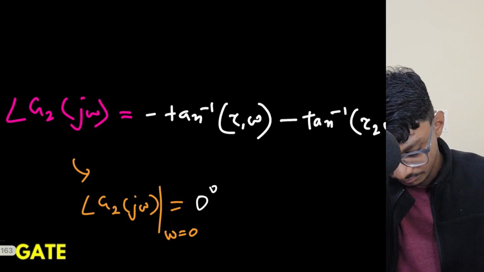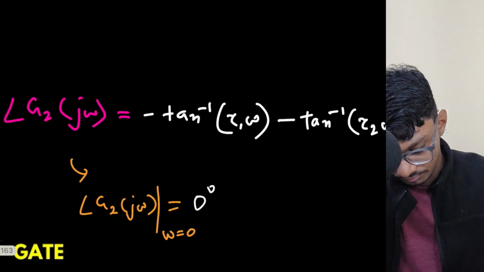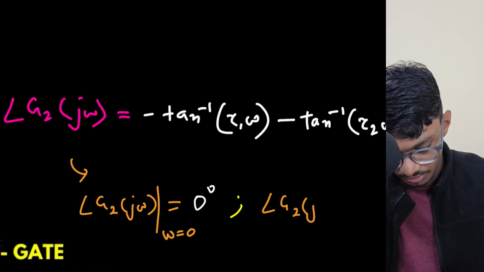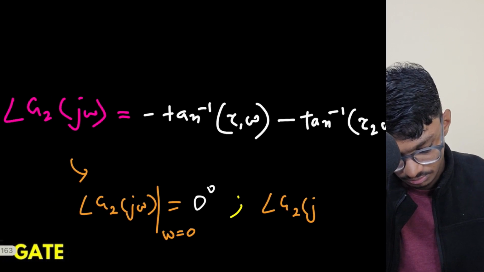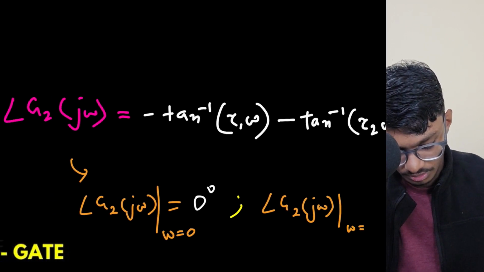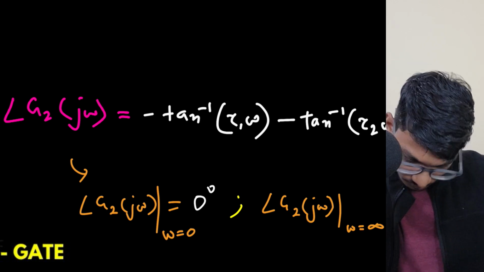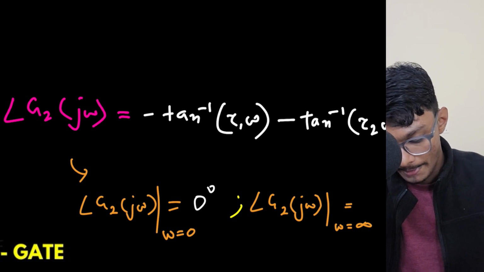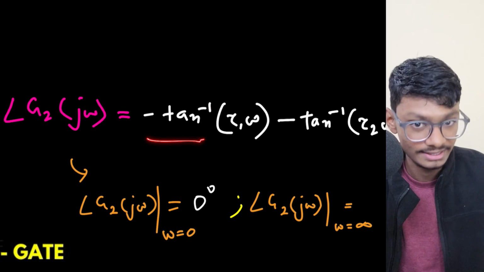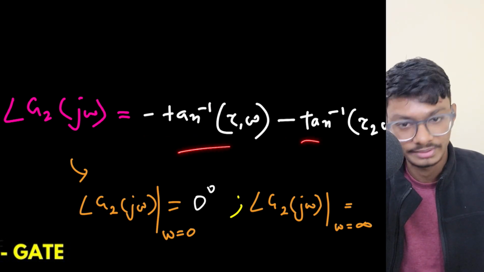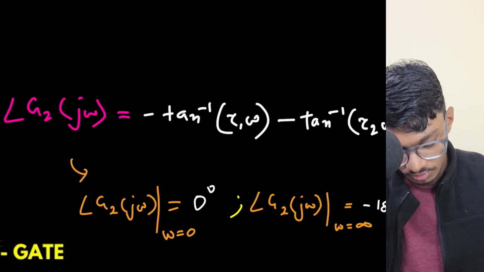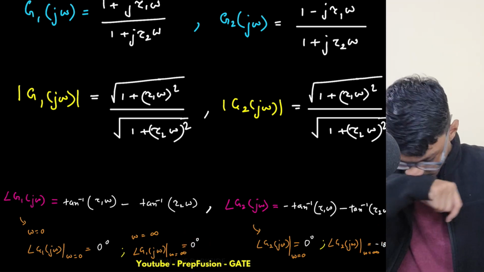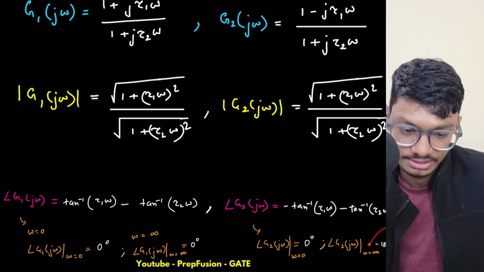But for g2 of j omega at omega equals to infinity, tan inverse infinity here is minus 90 and again minus 90. So minus 90 minus 90 is minus 180. So overall the angle I am getting is minus 180. So the angle is different here, one is going to 0 and the other is going to minus 180.